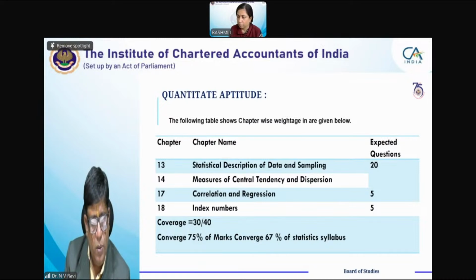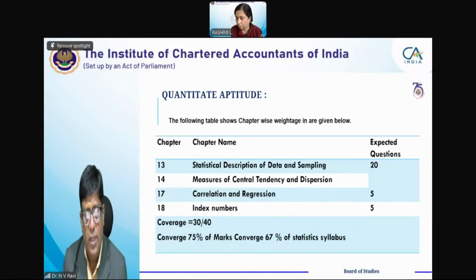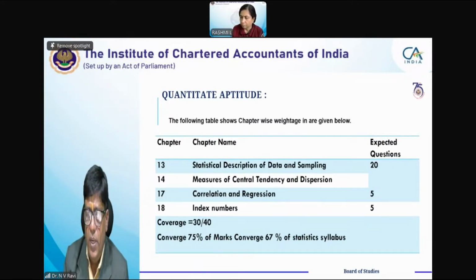Simply look at those aspects, and also the measures of central tendency: mean, median, mode, geometric mean, harmonic mean. What are the measures of dispersion, and their types: absolute and relative measures of dispersion.